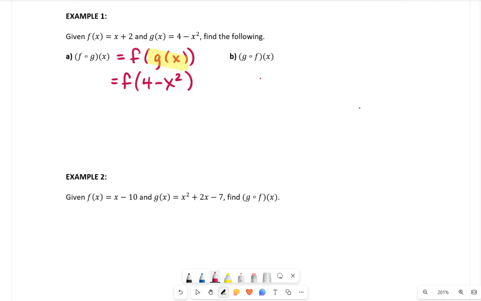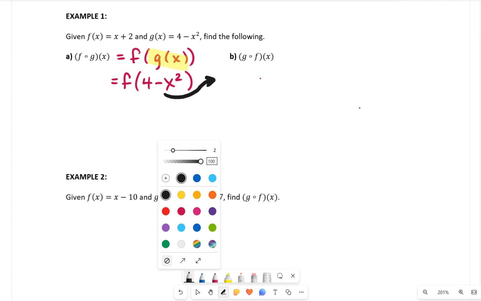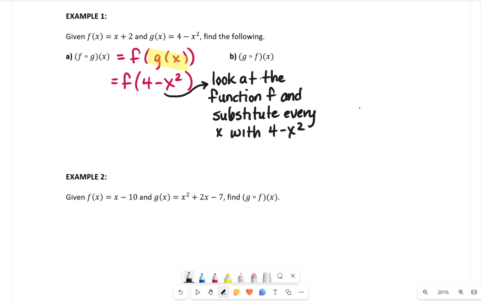So what does this notation say to do? In pure simple words, and I'm going to write it over here to the right so that as you do these problems, you too can verbalize it to yourself: look at the function f and substitute every x with 4 minus x squared. That's what that notation means.